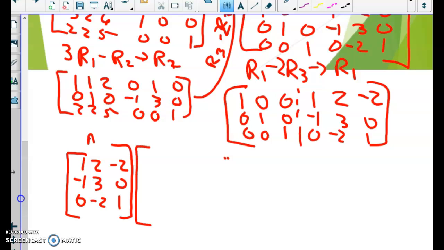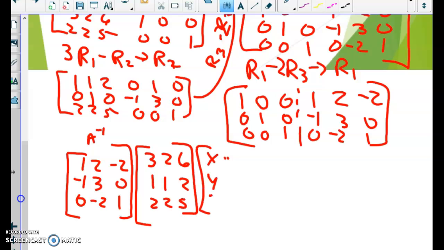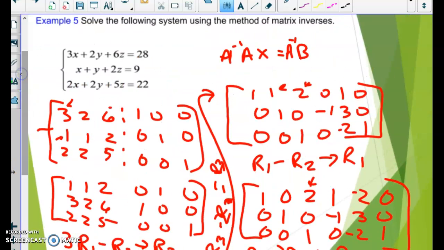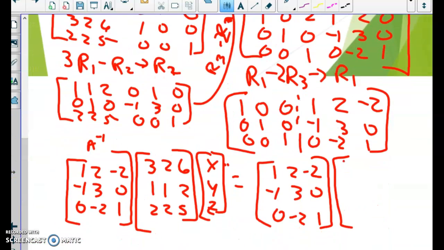So I'm going to write that so we see it all. So here's my A inverse. Here's my A. And we're going to multiply that by X, Y, and Z. Now we're going to put the inverse here, 1, 2, negative 2, negative 1, 3, 0, 0, negative 2, 1, times our answer matrix, 28, 9, 22.